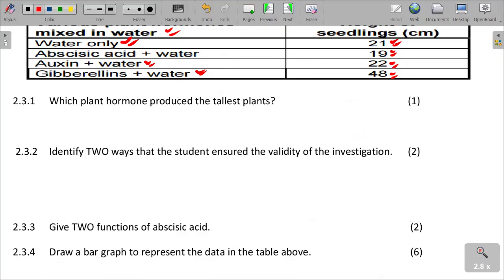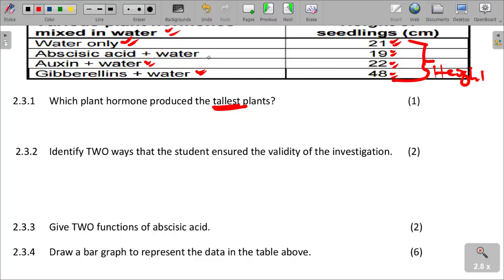So the question is saying, which plant hormone produced the tallest plants? Here we are not going to calculate or work out anything. We just look at the centimeters that we are given and get the highest. The highest is the one which has got the tallest plants.